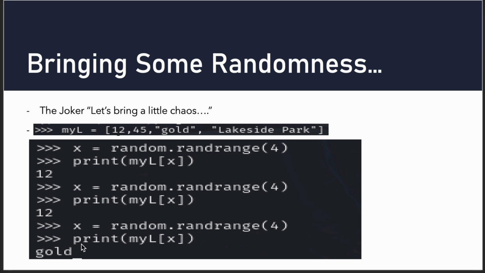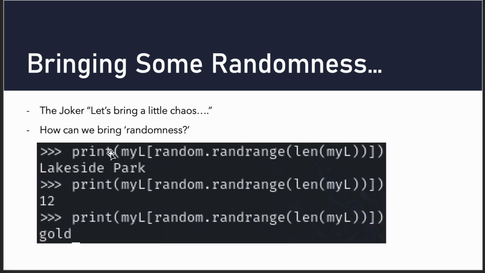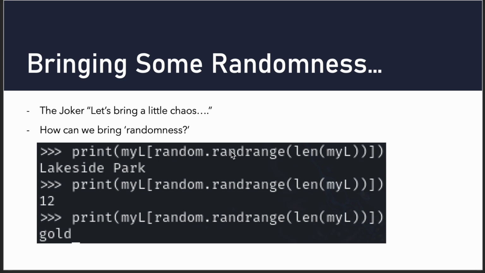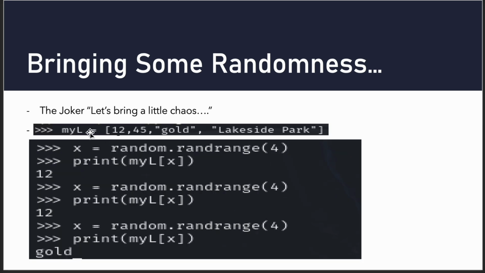Now, there is a slight improvement in the syntax, because what I did here was, instead of saying print x, where x is equal to random.randrange, I substituted random.randrange for x, and for the length value, I said whatever the length of the list is is the range of the randomized number, because in this particular case, the list is 4 elements long, 1, 2, 3, 4.